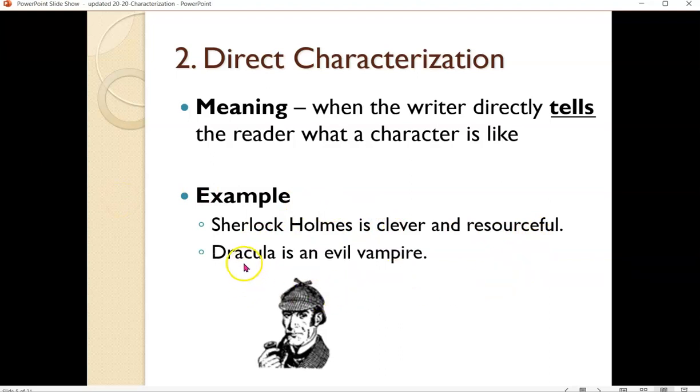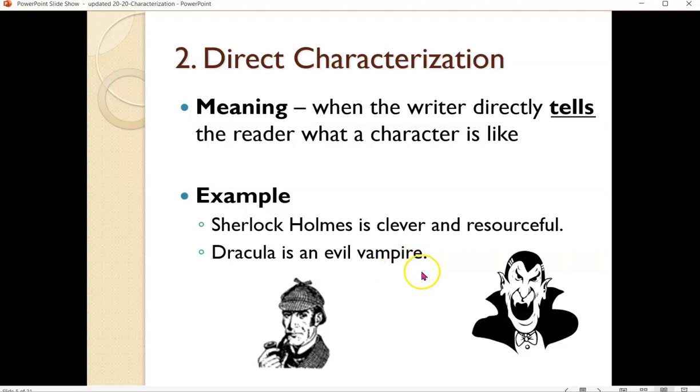And the second example would be Dracula is an evil vampire. Again, I'm telling you that Dracula is an evil vampire. So that is the author straightforwardly telling you in direct characterization specifically what the character is like. And then there's our picture of Dracula.